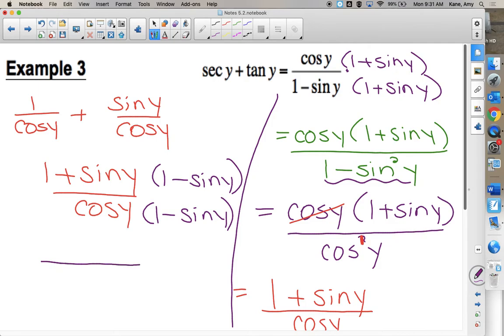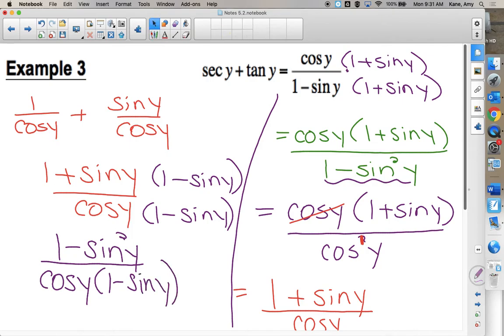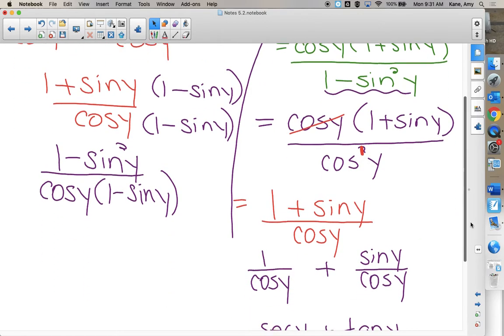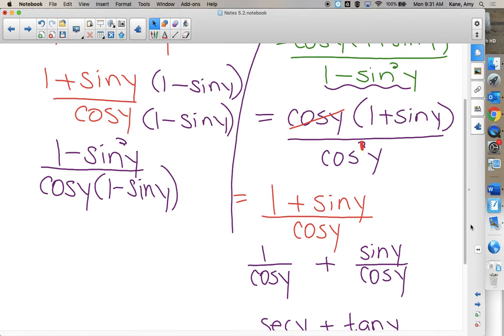So now the top says 1 minus sine squared using the conjugate. The bottom, not multiplying the bottom through, keeping them separate. So you can kind of see how the 2 sides are very similar. They just work in the opposite direction. So 1 minus sine squared is cosine squared.